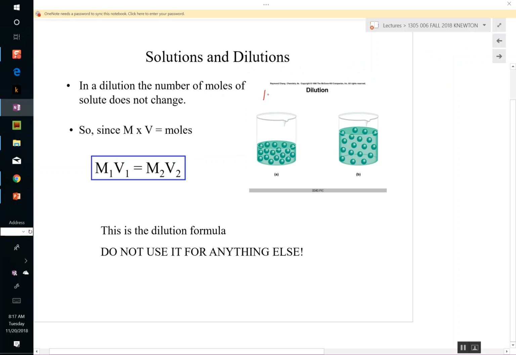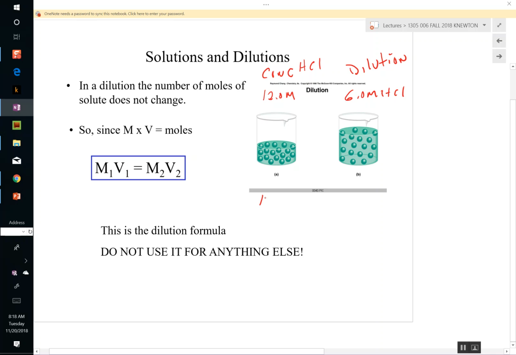So let's say this is 12 molar. This is our concentrated hydrochloric acid. And we want to make a dilute solution. Let's say we want to make it 6 molar hydrochloric acid. Over here, this is our dilution. So all we added to this beaker on the right is more water. So what does that mean?